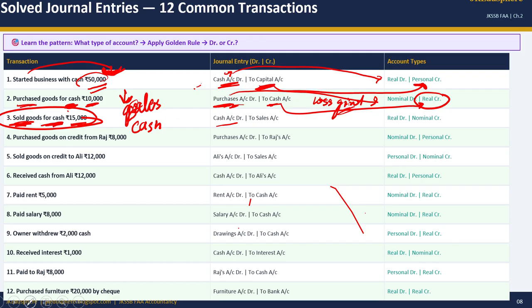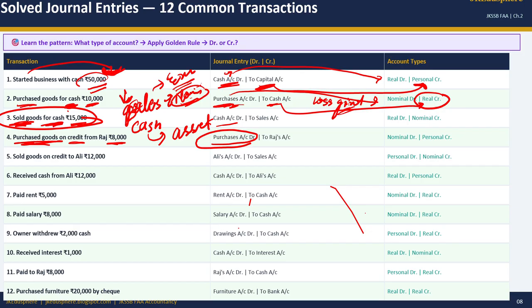What is sales account? Sales account is a nominal account, right? Remember expenses and gains. Cash is an asset, so this will be affected. So next is purchased goods on credit from Raj.